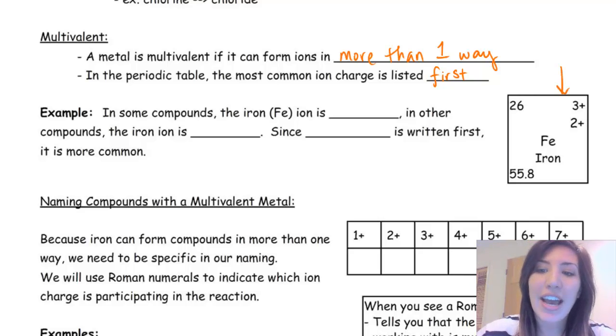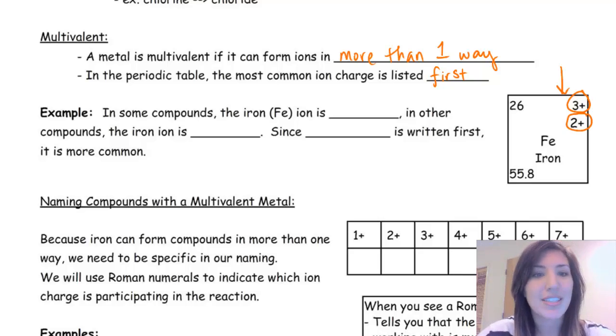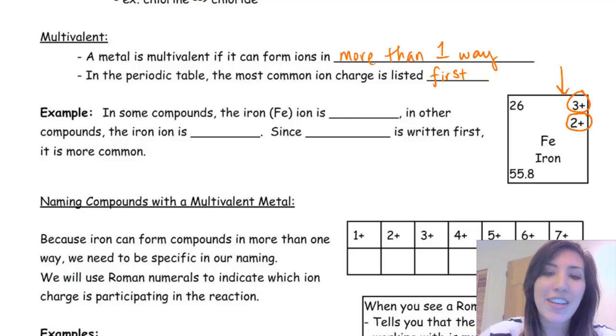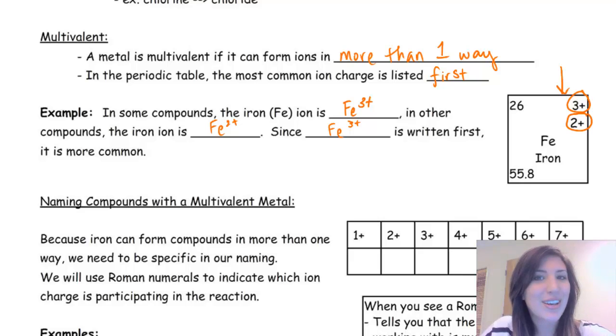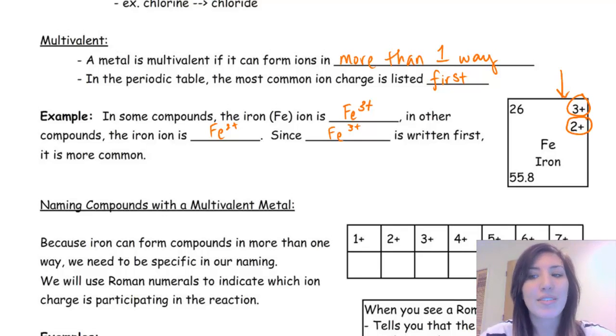You can see that iron has an ion charge of 3+, but it also has an ion charge of 2+. So in some compounds, the iron is Fe3+, but in other compounds, the iron is Fe2+. Since the Fe3+ is written first, that's the one that is more common.